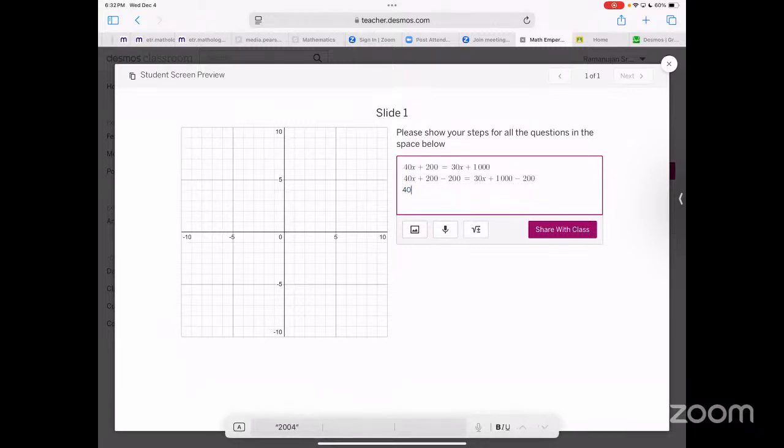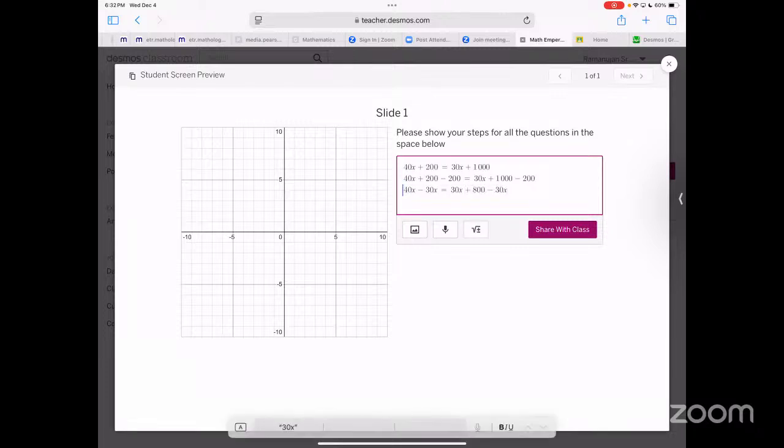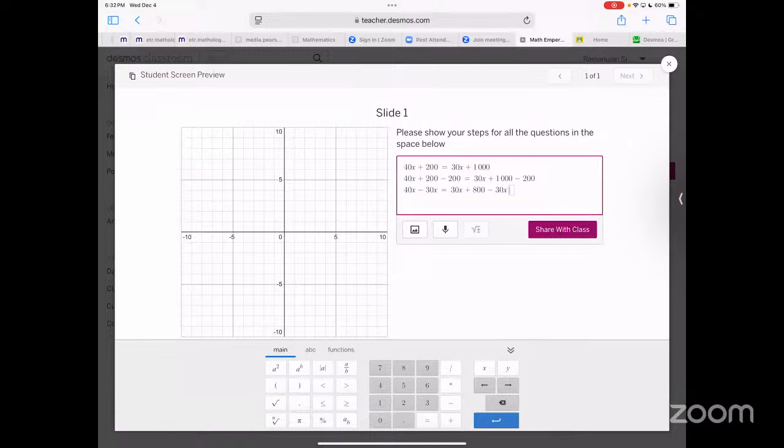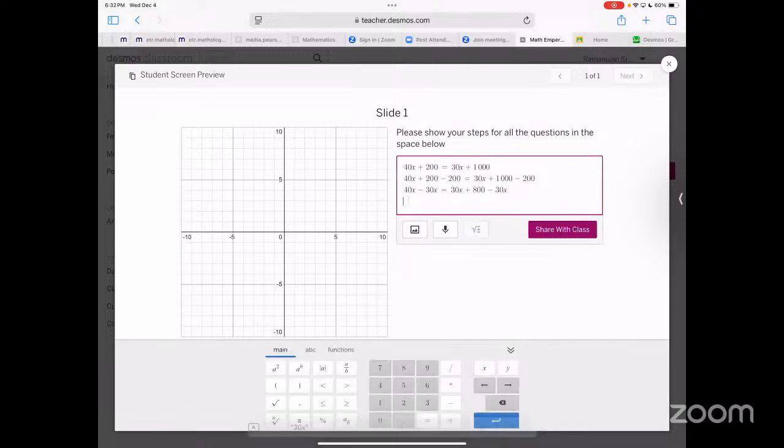Then you show the next step. Therefore 40x, and use the math mode. If you do the math mode, it looks good, 40x. Then of course you show that you subtract 30x on both sides, which is basically 800 minus 30x. Then go back to math mode again. Enter, and that's going to be math mode 10x is equal to 800.